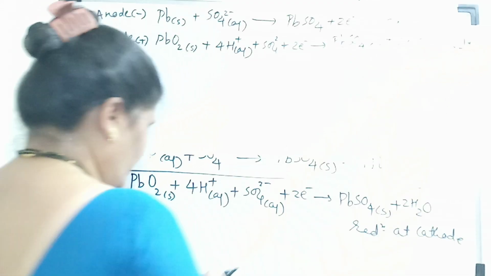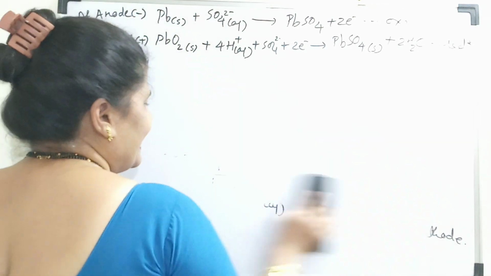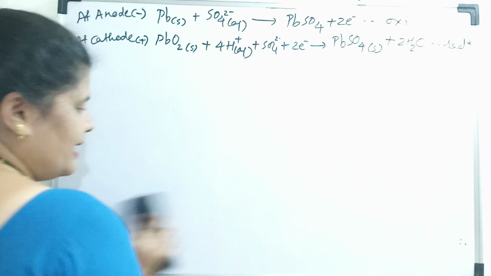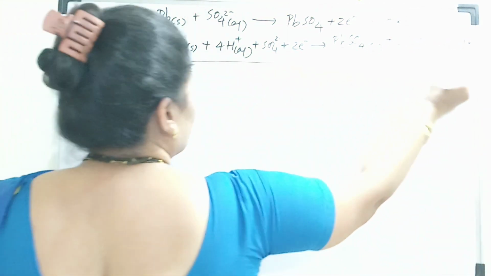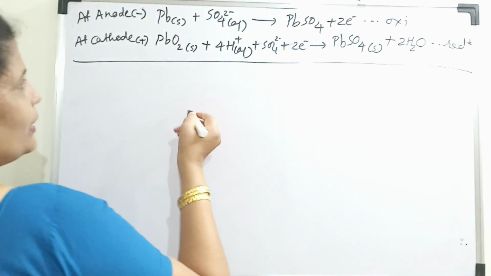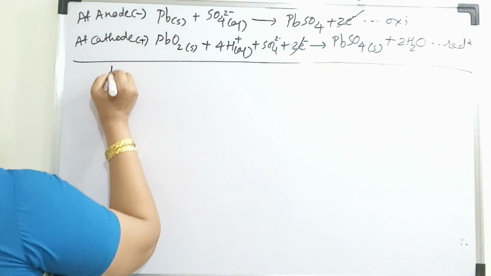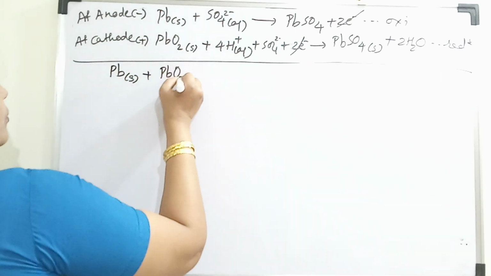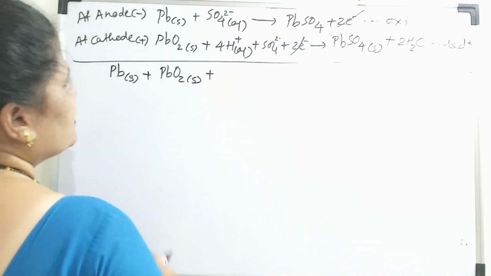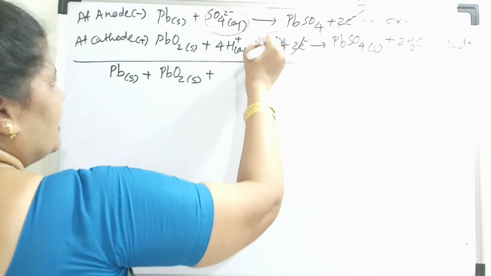Let us add the two equations now. Very interesting to see. Now if I have H+ and SO4 in the ratio 2:1, what I can form is H2SO4 molecule. What all things will get cancelled here, students, is only 2 electrons. So let us write the equation. Pb solid plus PbO2 solid plus, now if you add this, see this is one sulfate, this is other sulfate.